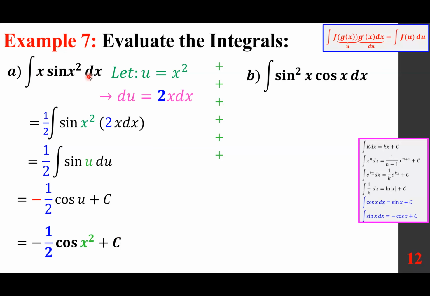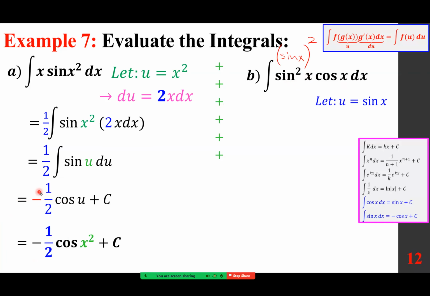What happens here? Anytime you have sine and cosine, the function that does have the exponent is not the choice of u, but the function without the exponent. Sine x to the second power, that's the meaning of this. If it helps, you can rewrite this as sine x to the second power. Therefore, u is sine x.